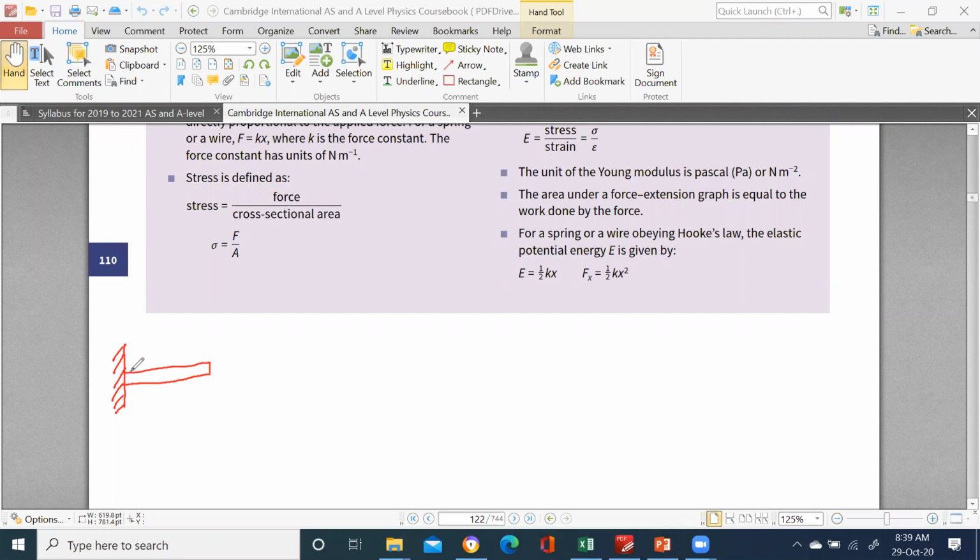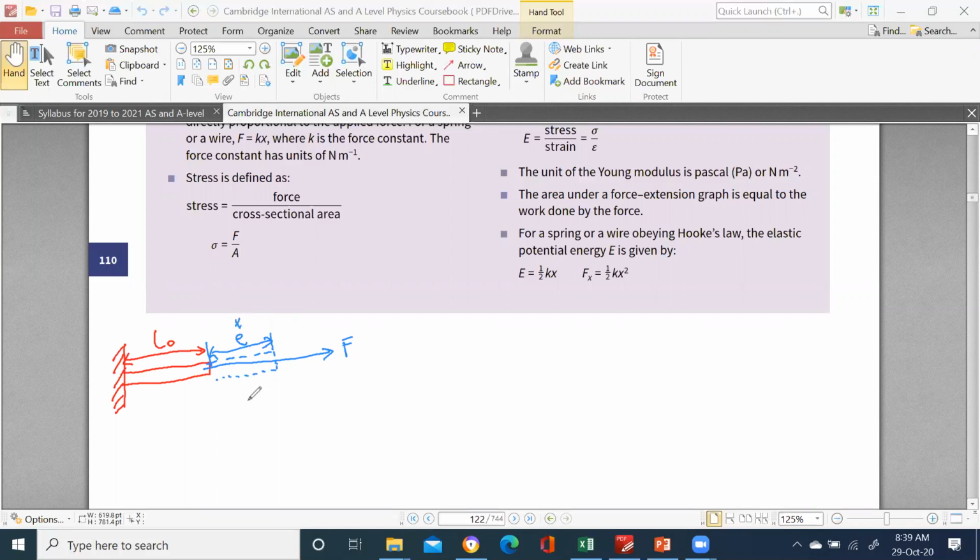So in case we have an elastic material like this of original length L0, and this material is stretched by a force F, and as a result it undergoes an extension of length E, that is our extension. I can even call it X, there's no problem.